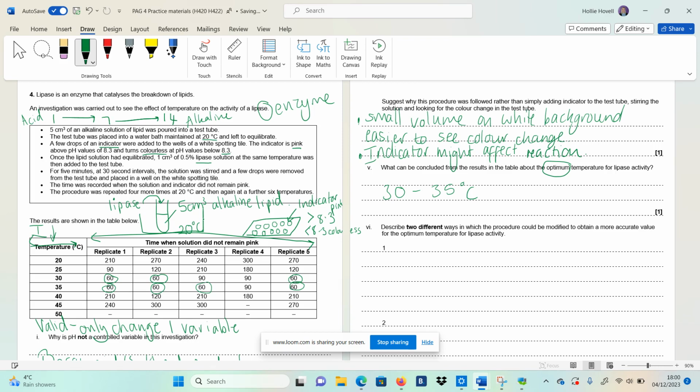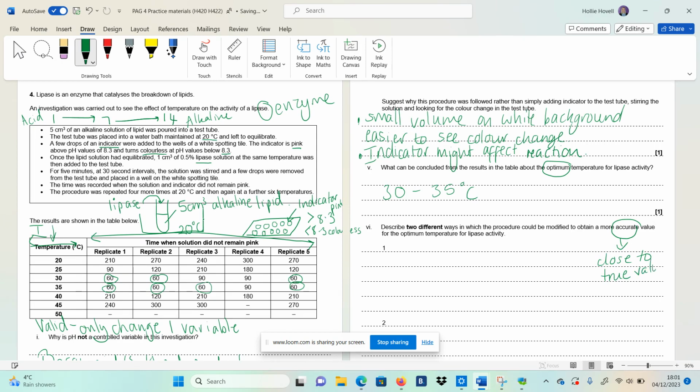Number 6, describe 2 different ways in which the procedure could be modified to obtain more accurate value for the optimum temperature of lipase activity. So the word accurate means close to the true value. So if somebody did this experiment absolutely perfectly with really top equipment, top method, what result would they get?